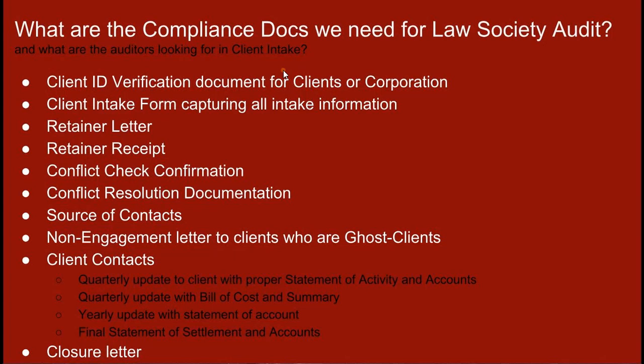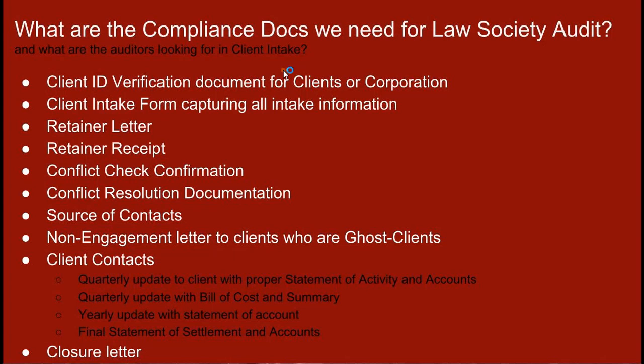So a quarterly update to client with a statement of activity. So this is an ongoing matter. It's obviously a very nice practice to send your client a quarterly update with a statement of activity of all the work that's been put in, the retainer accepted thus far, how much money has left their trust account, etc. The bill of cost is also a fantastic document that quickly outlines the financial touch points and the nature of that matter at any given time.